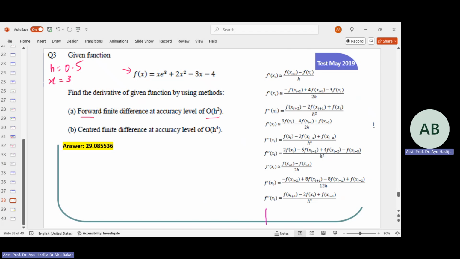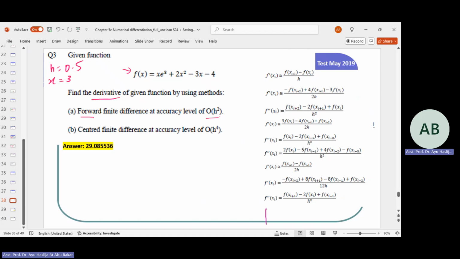So we have to find if it's the first derivative or second derivative. They don't say which derivative, right? It says O(h^2), but it doesn't mention whether first or second. If it doesn't mention, you can choose. So this is an open-ended question.